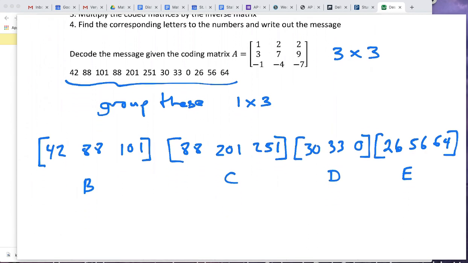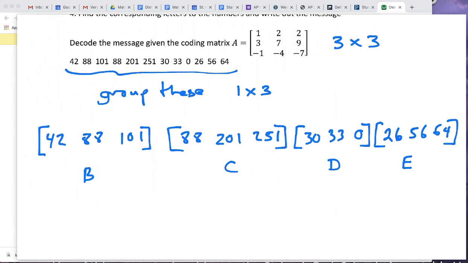So when you think of decoding, to decode something, I'm going to use that inverse. To decode, I'm going to use the inverse of A, because I want to undo what I did.